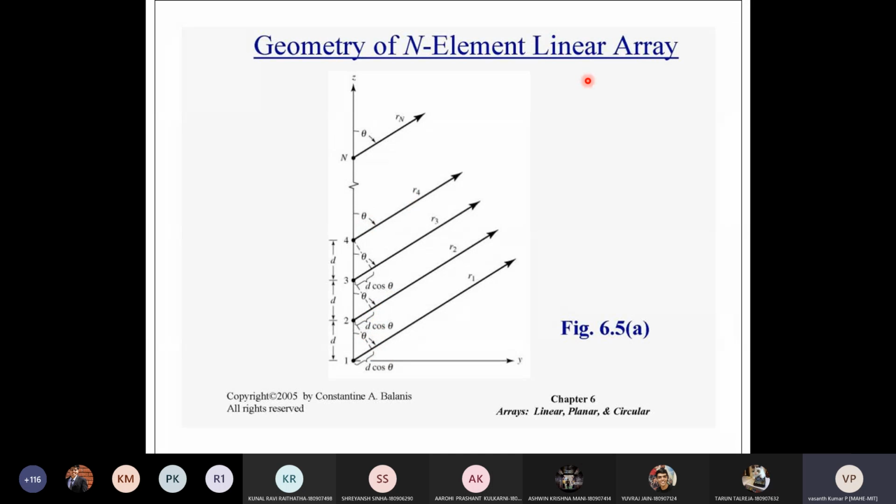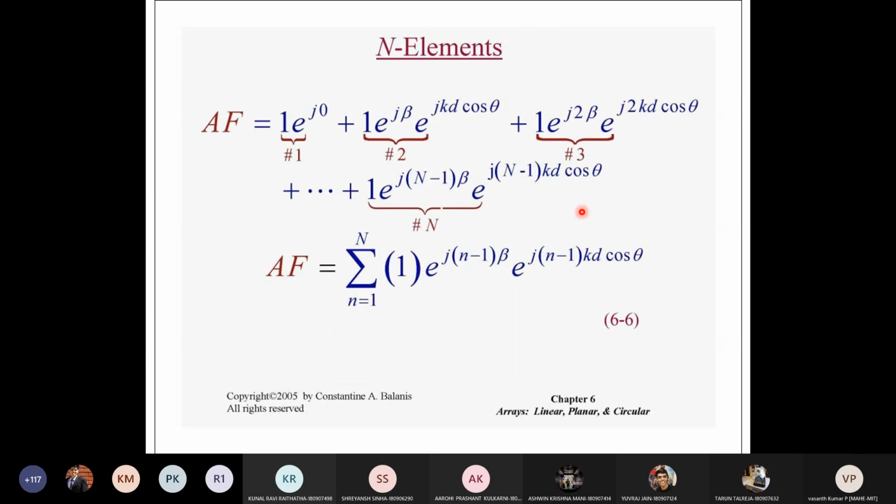Since it is a faraway point, we take these lines as parallel. So, array factor, element factor, there is nothing. Element factor is just a circle, so element factor is just 1. So array factor is only there.